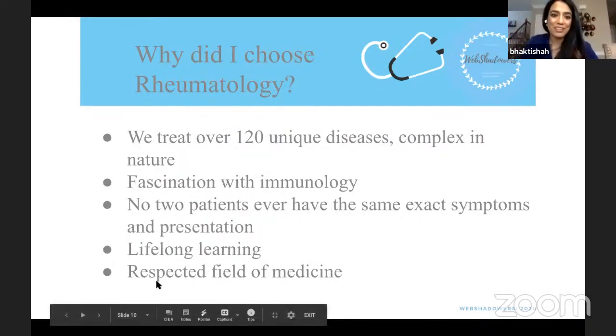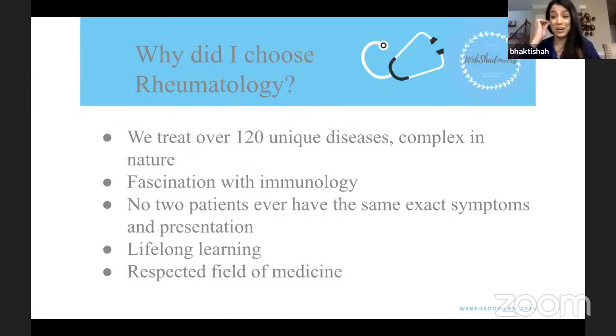All right, moving forward. In rheumatology, people will say, oh, do you just treat arthritis? No, we don't. We treat over 120 different unique diseases that are very complex in nature. No two patients ever have the same symptom and presentation. Never. There will never be two patients that have identical blood work, identical physical exam, identical chronology. Every patient is unique. Every patient is different.